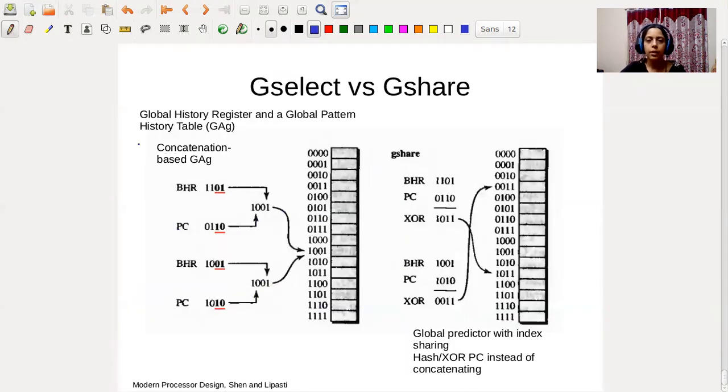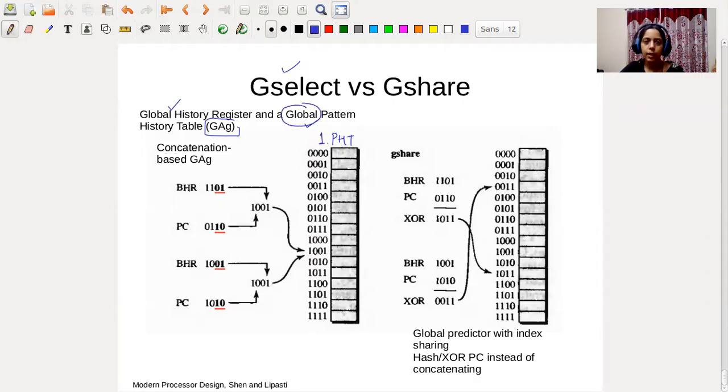So this is another example. This is just the same Gselect. This is also sometimes called a GAg predictor. What this means is global history register and a global pattern history table. So there is a PHT which is again shared. There's just one PHT here, which is shared between different branches, and that's why it's called global.